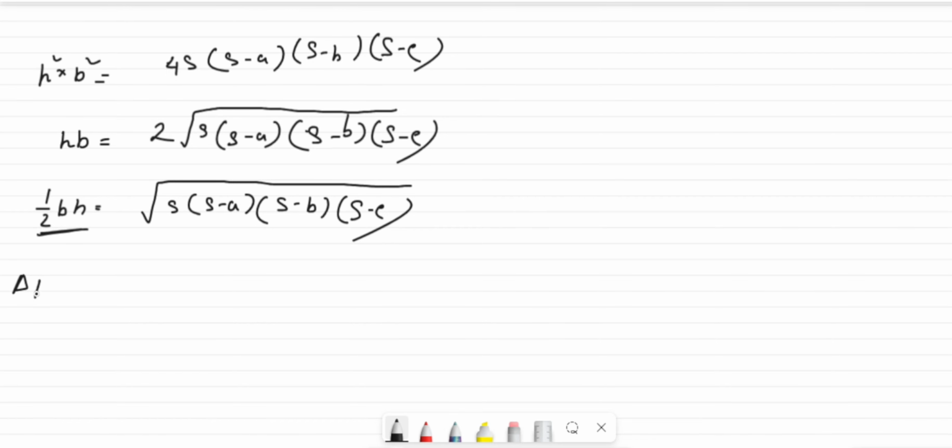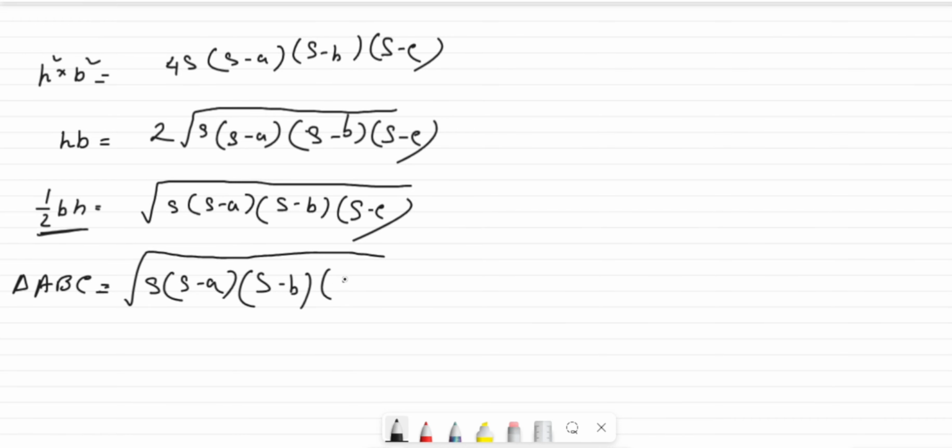So triangle ABC is root over of s into s minus a into s minus b into s minus c. So this is the ultimate formula.